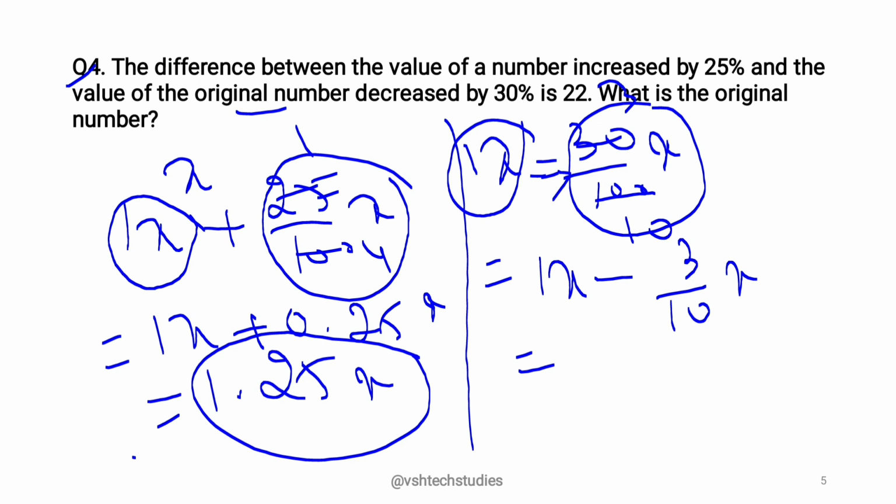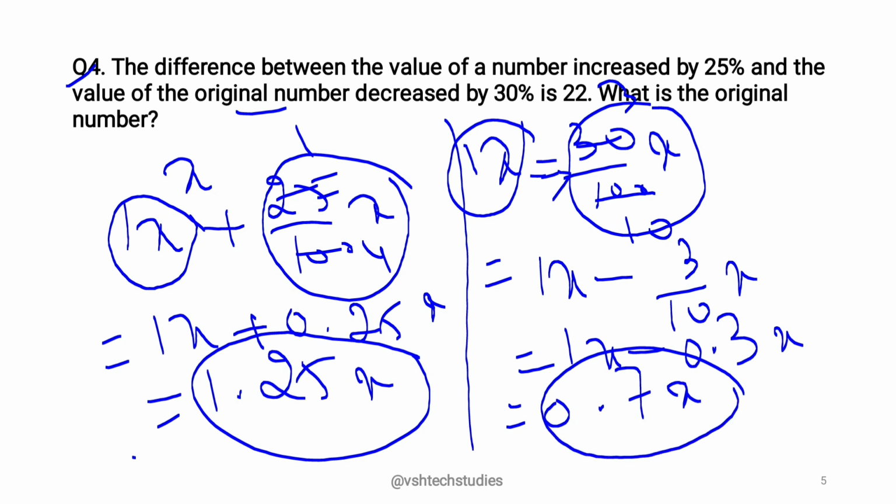So 3 upon 10 means 0.3. So 1x minus 0.3x, 1 minus 0.3 is 0.7x. Okay. So this is the number reduced by 30%. This is the number increased by 25%. This is the number decreased by 30%.